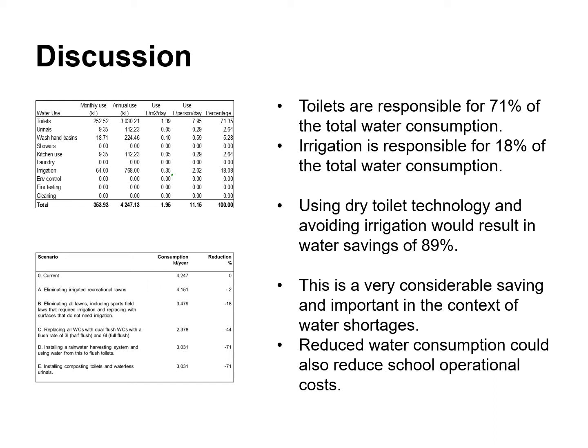So if we look at both of those and we replaced toilet technology and we used a dry sanitation technology that didn't need water, and we avoided irrigation, so we swapped, we used artificial turf, for instance, instead of irrigated lawns, we could reduce water consumption in the school by about 90%. So there's a huge reduction in water consumption.